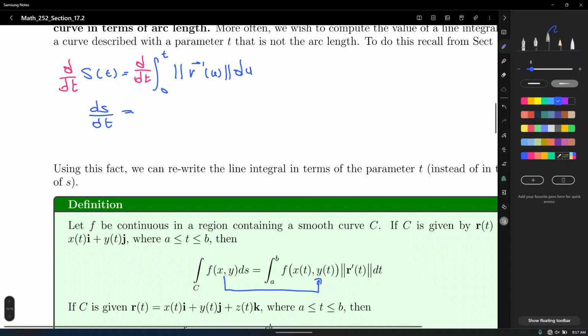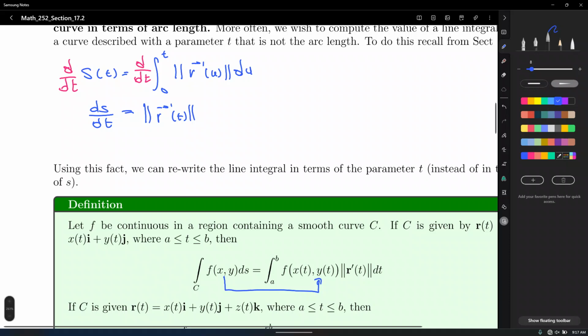Do you guys remember the second fundamental theorem? That's the derivative of an integral, right? So integrate with respect to u, upper limit minus lower limit, that's going to be a function of t, or simply the magnitude of r prime of t.